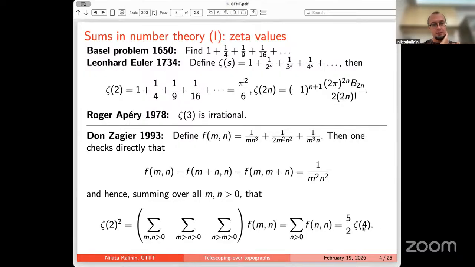Well, surely you need to show that some convergence is correct, that you don't have some divergence and so on, but computationally it's just this. And I was fascinated by this formula. Since I saw this method for the first time, I was fascinated by these telescopic things. So how can you telescope something to get new identities?